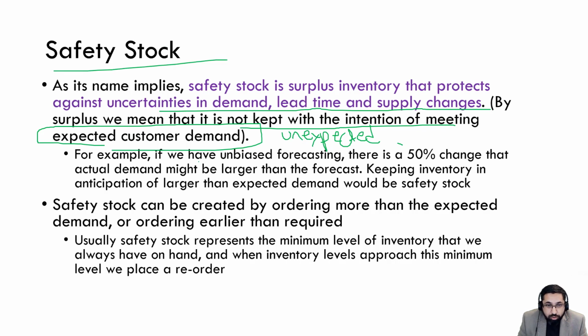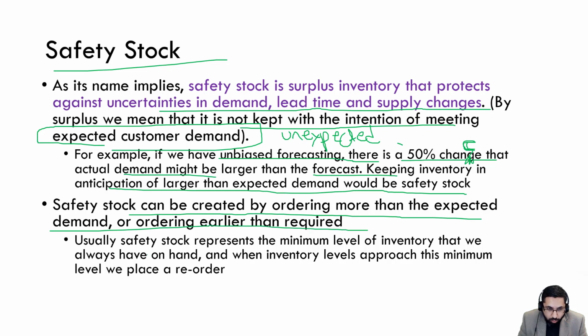Okay. So let's say we have unbiased forecasting. There's a 50% chance, this is not change, this is chance, that actual demand might be larger than the forecast. Keeping inventory in anticipation of larger than expected demand would be safety stock. Safety stock can be created by ordering more than the expected demand or ordering earlier than required.